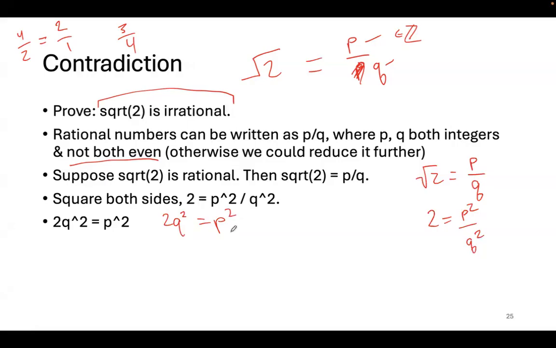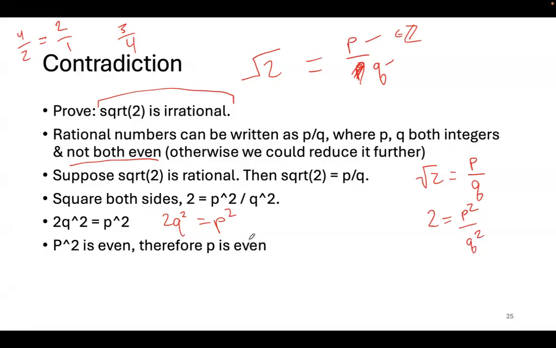This tells us something about p squared. What does it tell us? It's even, because when we have 2 times something, then it's even.